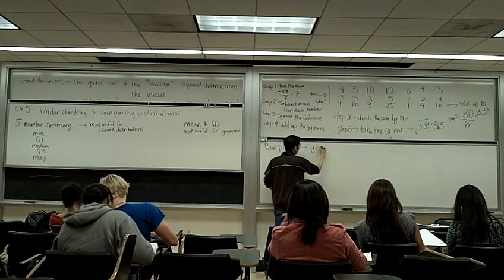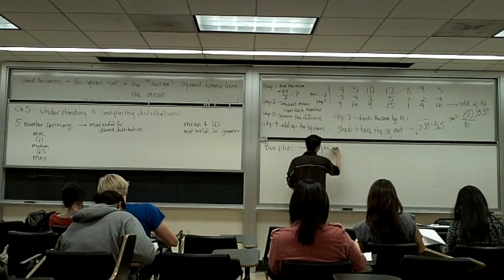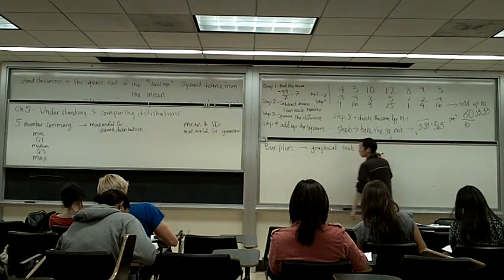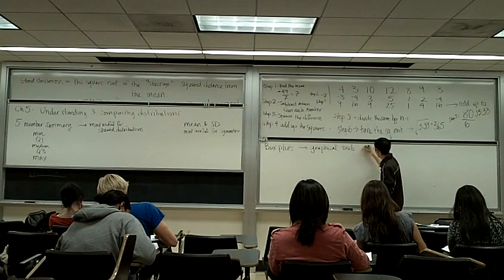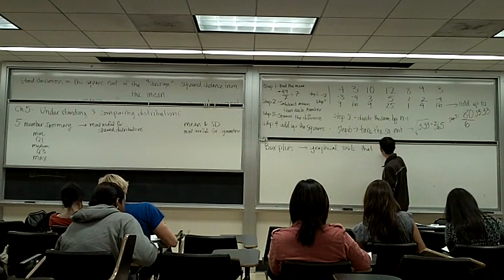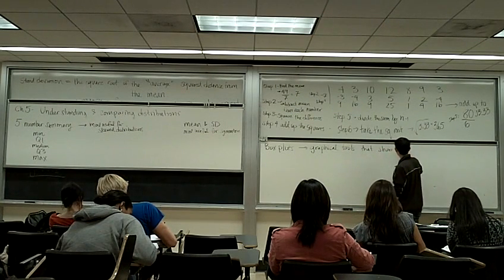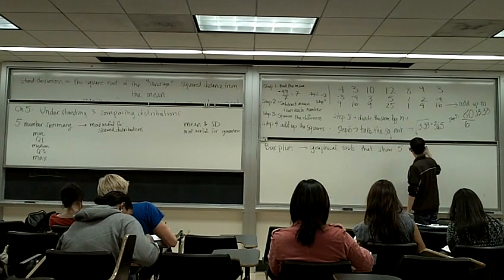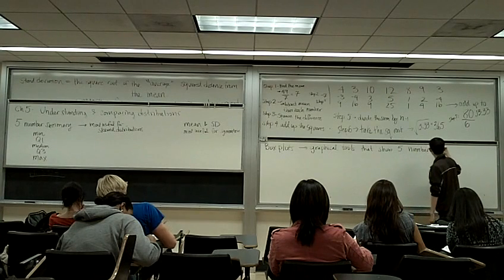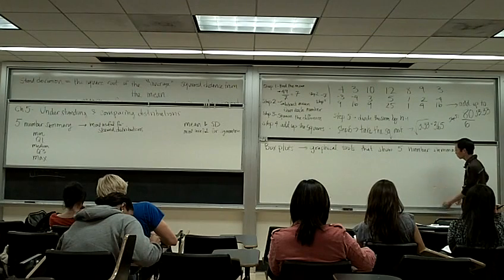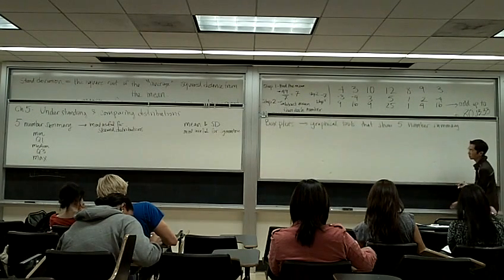These are graphical tools that basically show the 5-number summary, sort of.